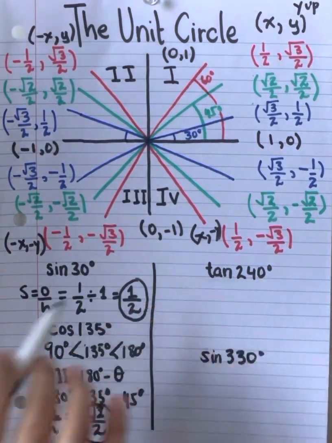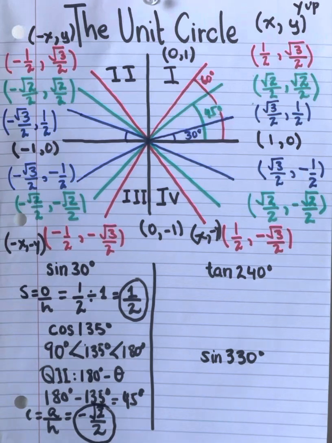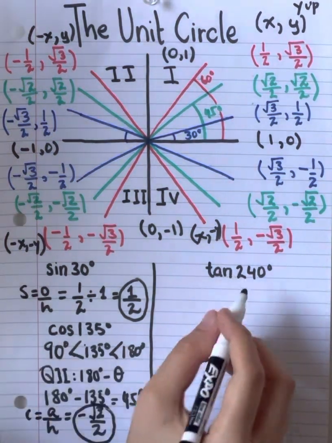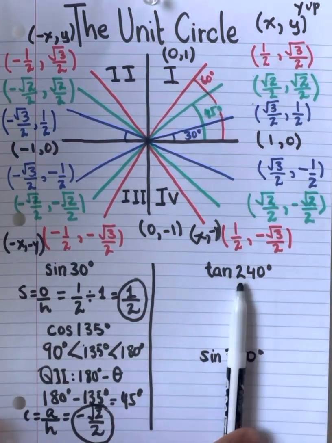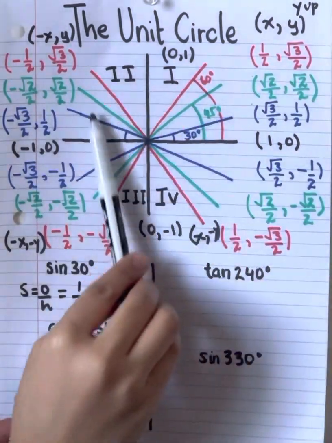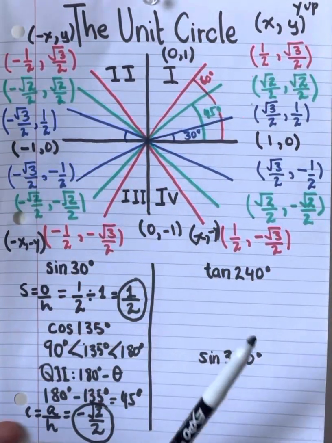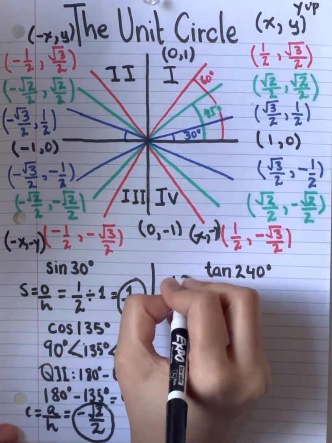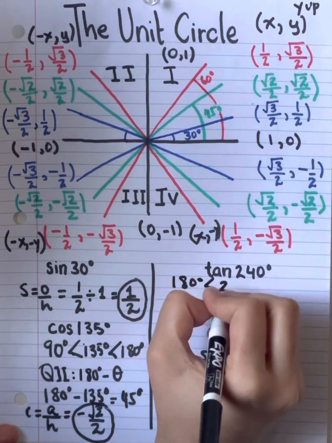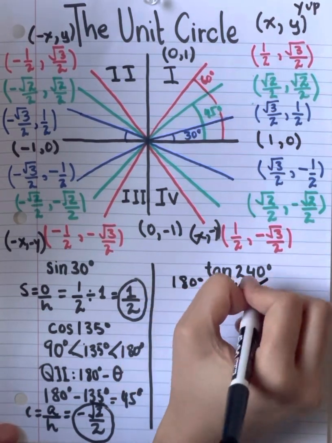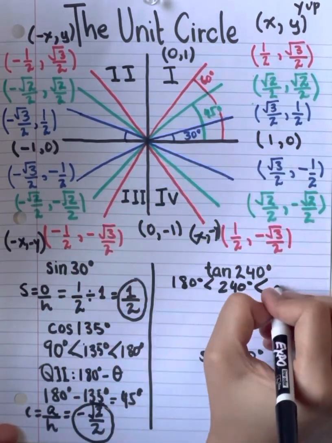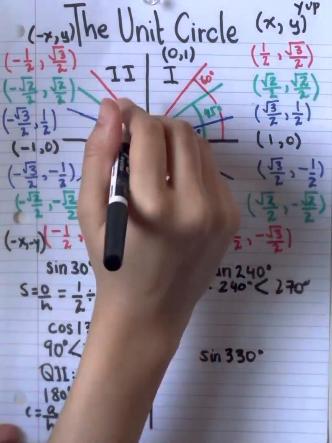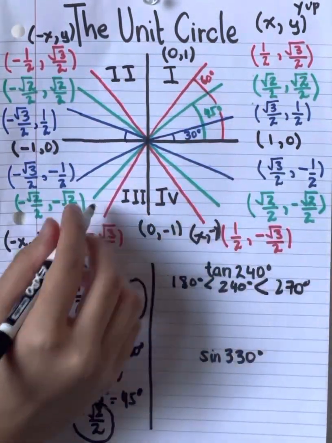Now, tangent 240 degrees. For this one, first we have to see which quadrant it is located in if we're trying to solve it using this unit circle. Here, we know 240 is greater than 180 degrees, but it's less than 270, which divides the third and fourth quadrant.